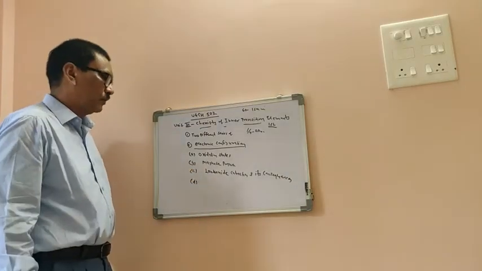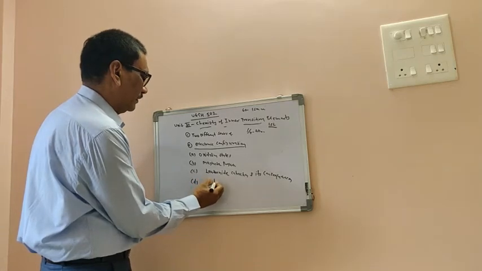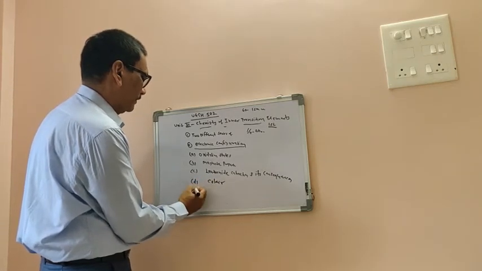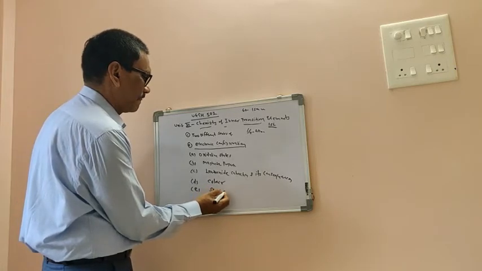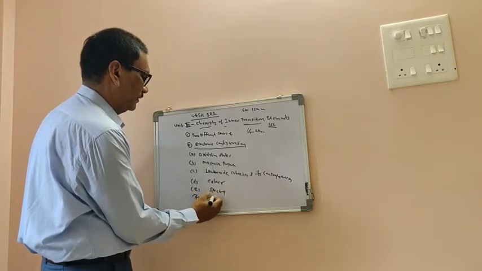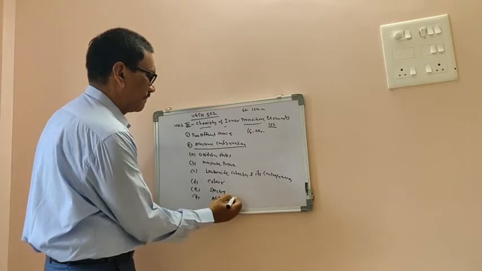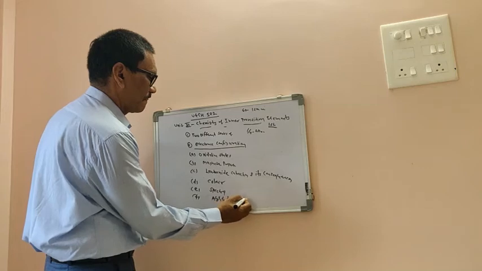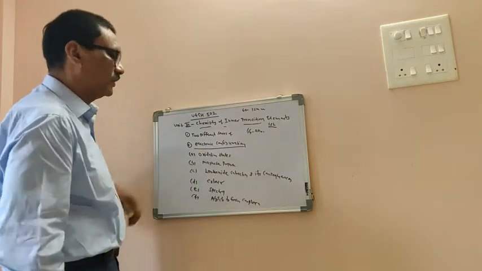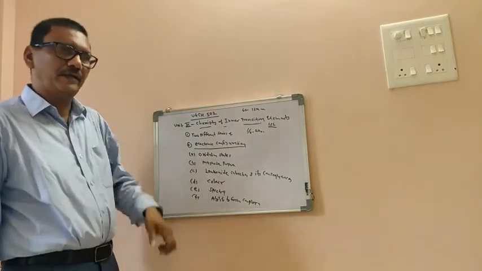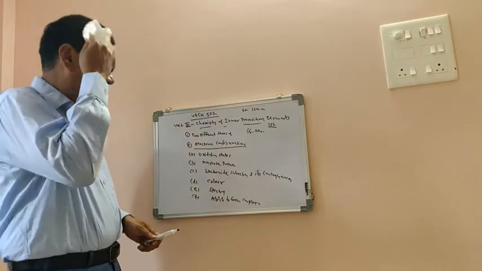Fourth is the color. Fifth is the spectra. And sixth is the ability to form complexes. So once you know the electron configuration, you can easily study these properties very well.